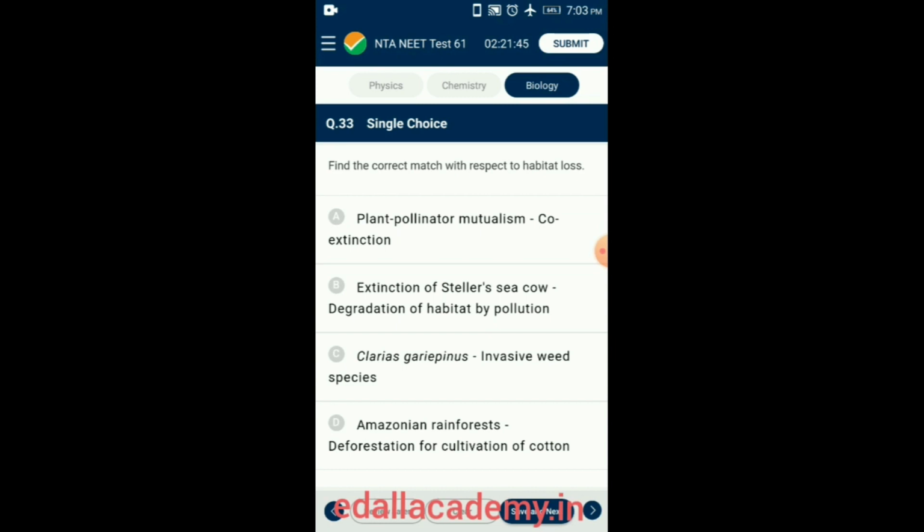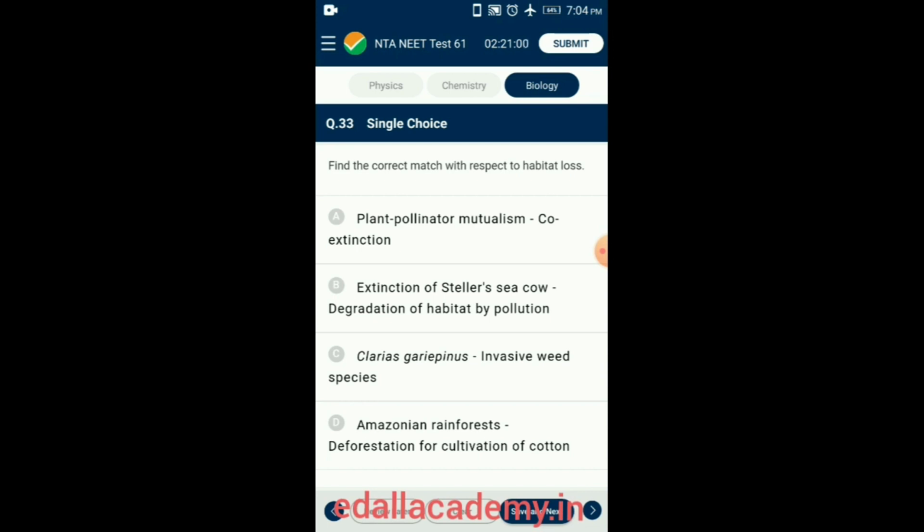Question number 33. Find the correct match with respect to habitat loss. When a species becomes extinct, the plant and animal species associated with it in an obligatory way also become extinct. When a host fish species becomes extinct, its unique assemblage of parasites also meets the same fate.